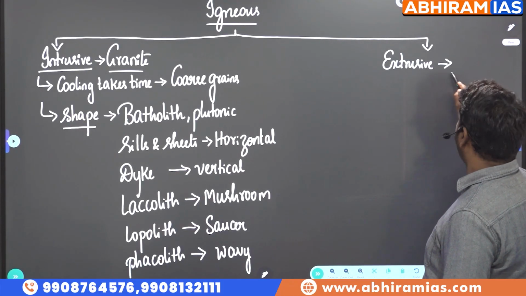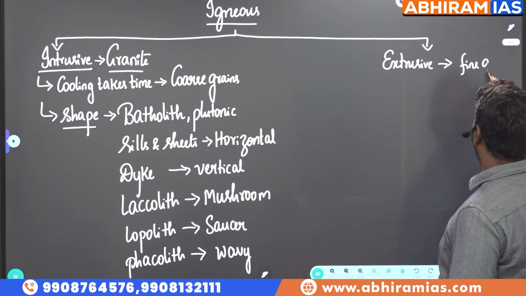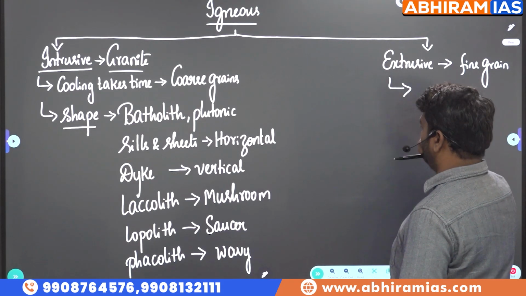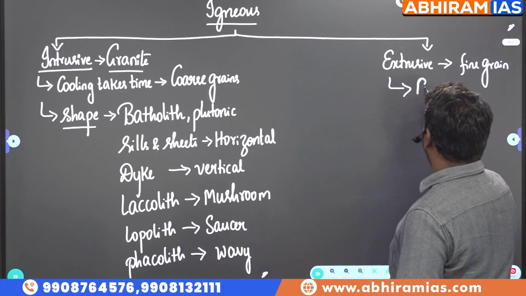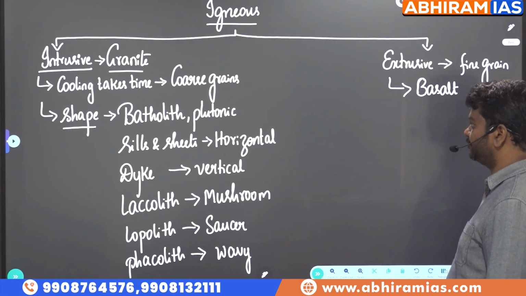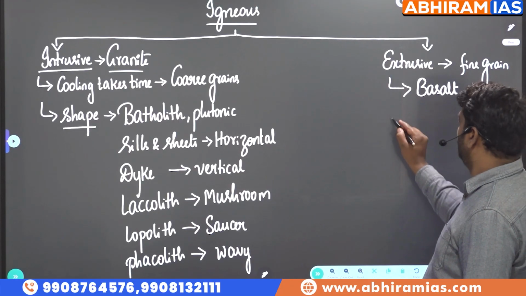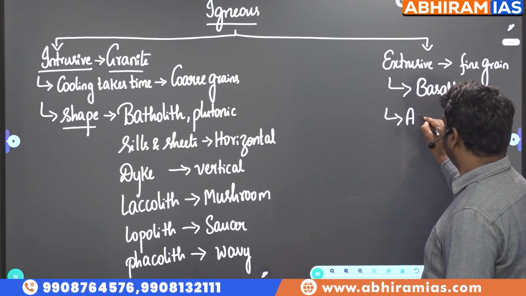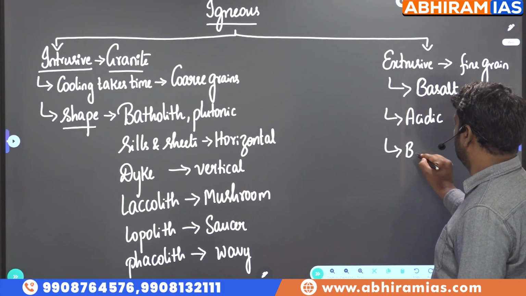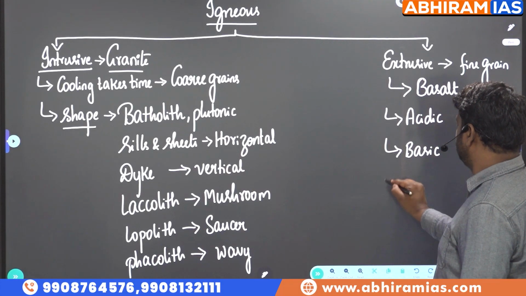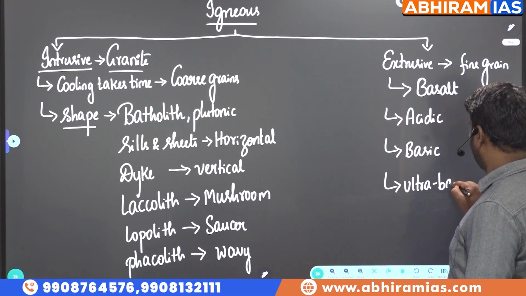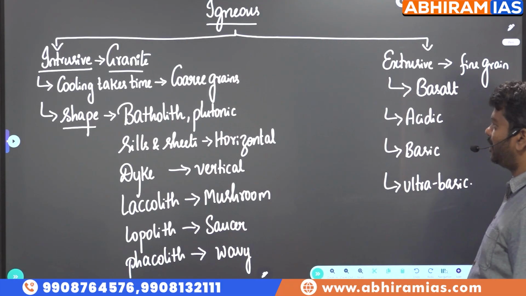Extrusive igneous rock, fine grain. Example is basalt. It is divided into acidic rocks, basic rocks, ultra basic rocks.